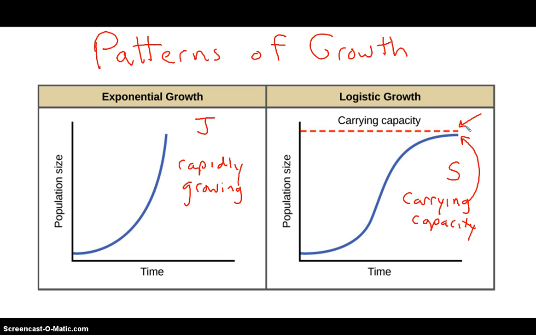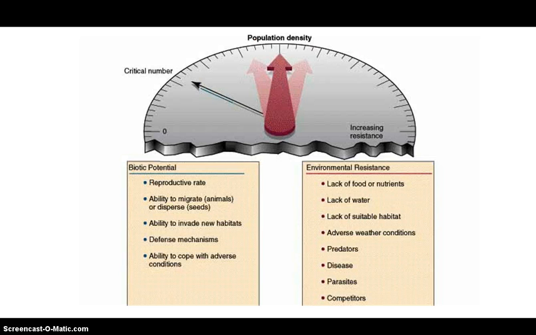So just keep in mind as we go forward how populations can grow, and in specific, remember the J curve. Because what happens is if we look at this kind of dial here, there are things on the left here, the biotic potential, that will cause a population to increase. Things like the reproductive rate. Rabbits, mice, insects, fish have a higher reproductive rate than elephants or rhinoceros or humans.